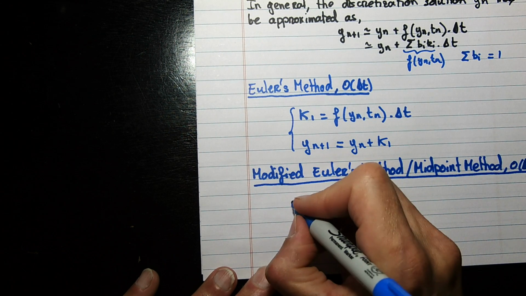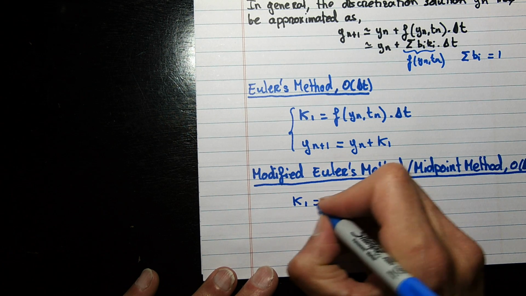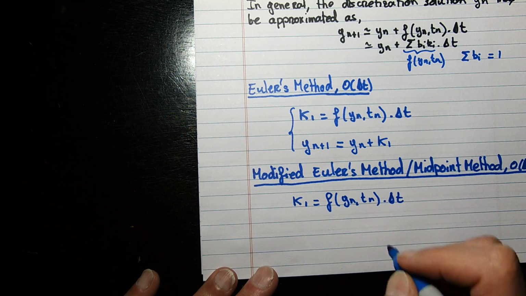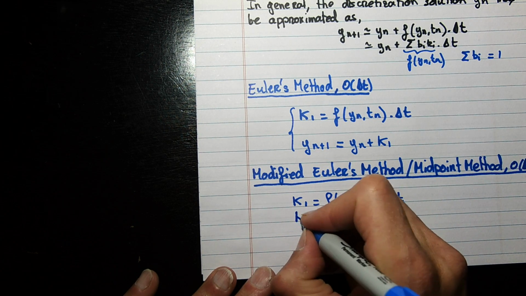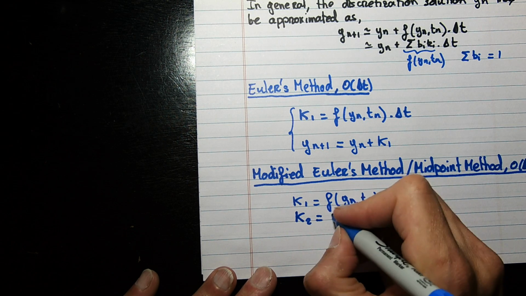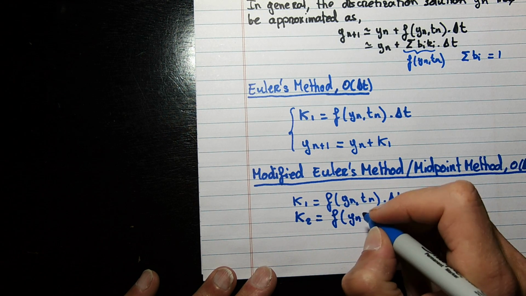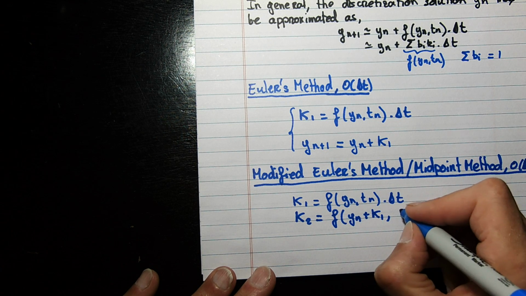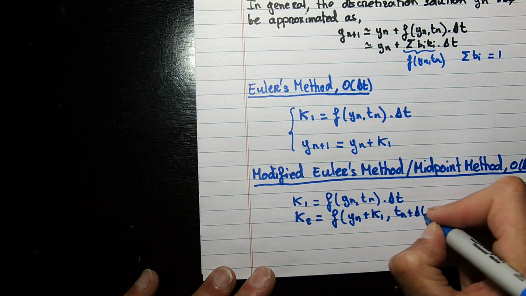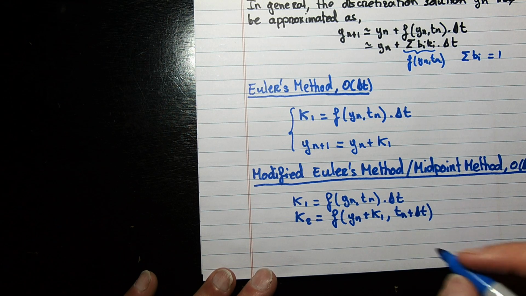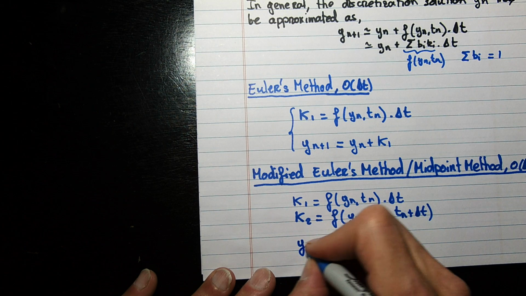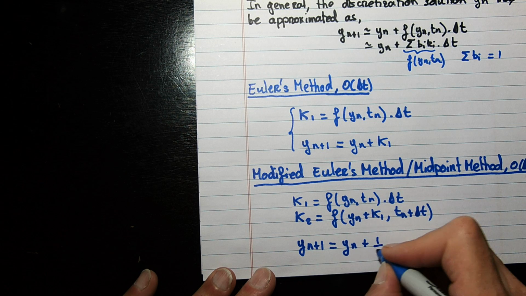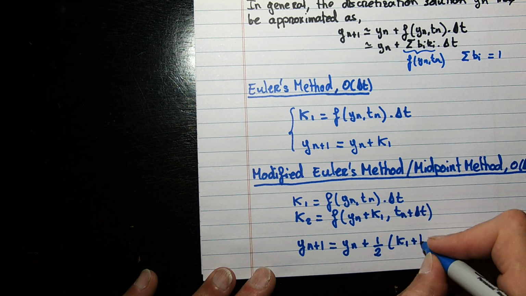So for the equation, first you calculate k1 equal f of y of n, t n, delta t. Now for the middle point, k2 is f of y of n plus k1, comma t of n plus delta t. Alright, and now y of n plus 1 will be equal to y of n plus 1 half k1 plus k2.